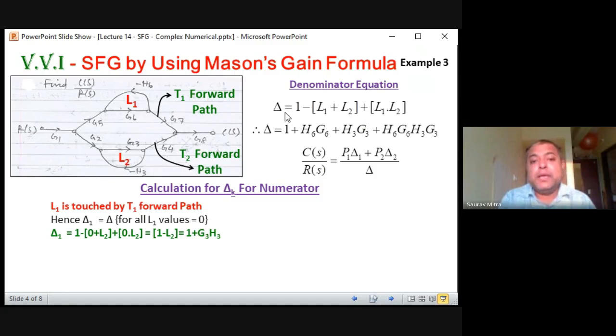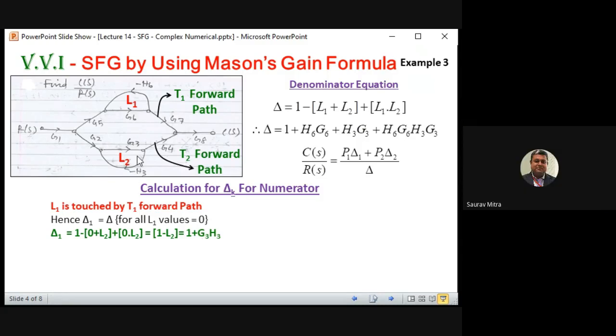Hence delta 1 will be 1 minus 0 plus L2 plus 0 into L2, and as T1 is touching L1, delta 1 will be 1 minus L2. That means all the L1 I have made equal to 0. L2 is minus G3H3, hence delta 1 is equal to 1 plus G3H3.